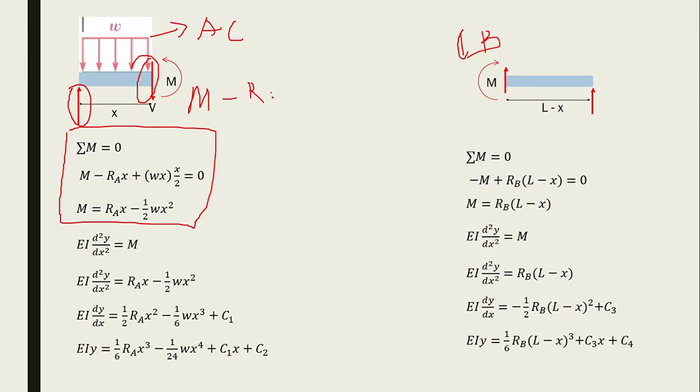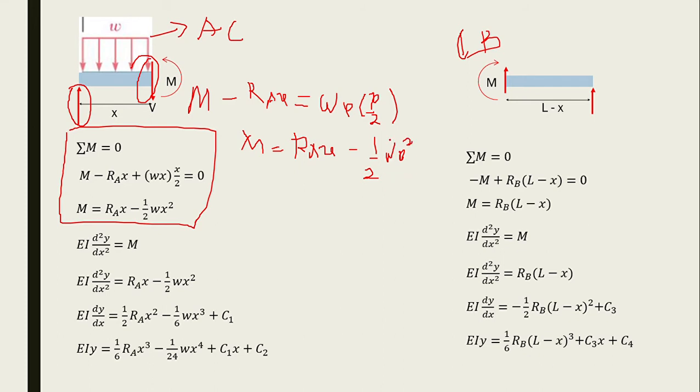Or we can write M minus R_A x equal to omega x times x over 2. Then we get M equal to R_A x minus 1 over 2 omega x squared.